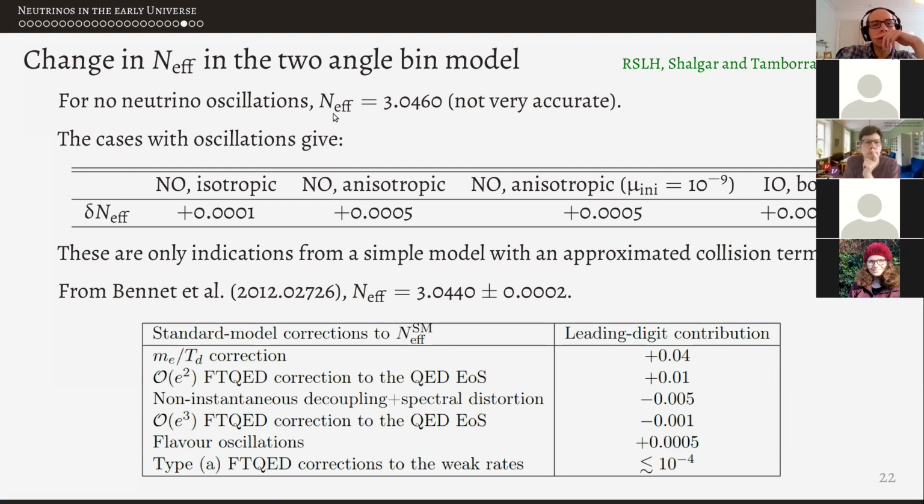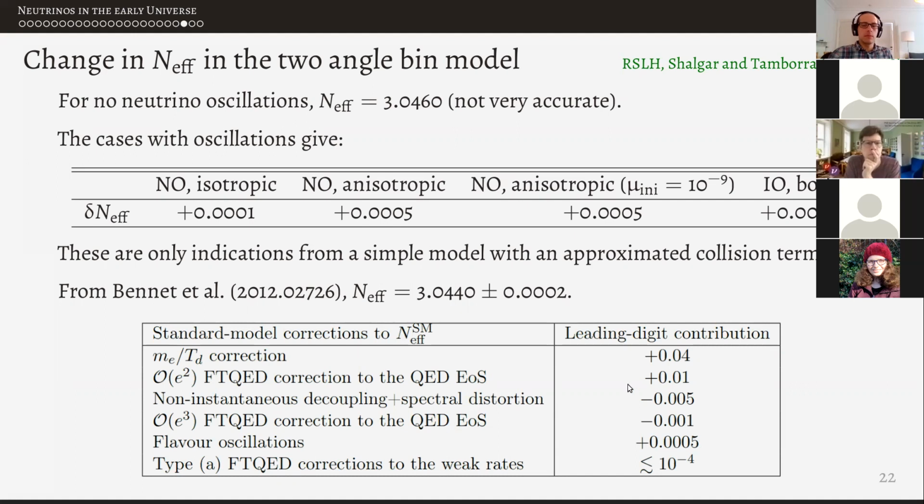So if we compare the no oscillation result to the isotropic result, we get a shift of 0.0001, so 10 to the minus 4 times 1. If we then allow for anisotropy, we get a result that is 5 times larger. So anisotropic oscillations can actually shift the correction here for flavor oscillations quite a bit.